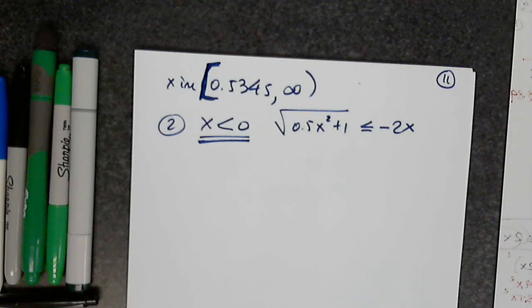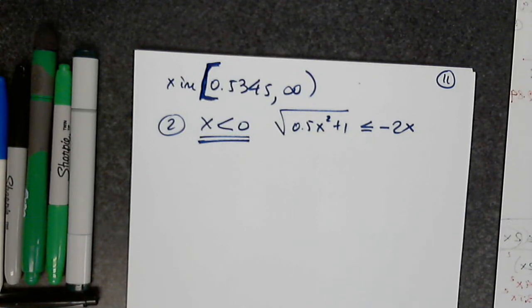And now I change the viewing window, and I want negative 10 to 0. I don't even want to see anything else, because now the interval is only negative infinity to 0, less than 0. So here's the square root, and here's the line.